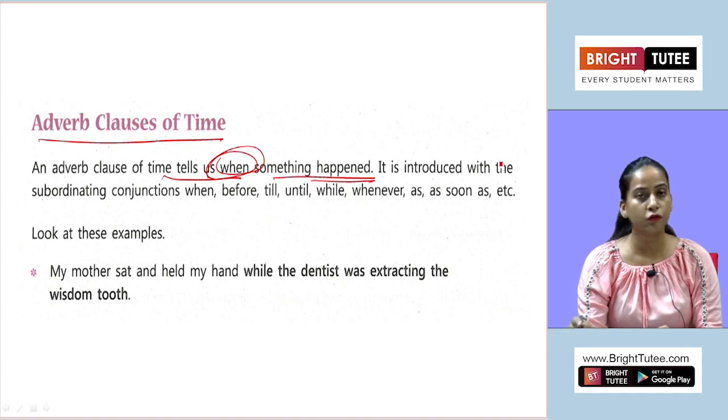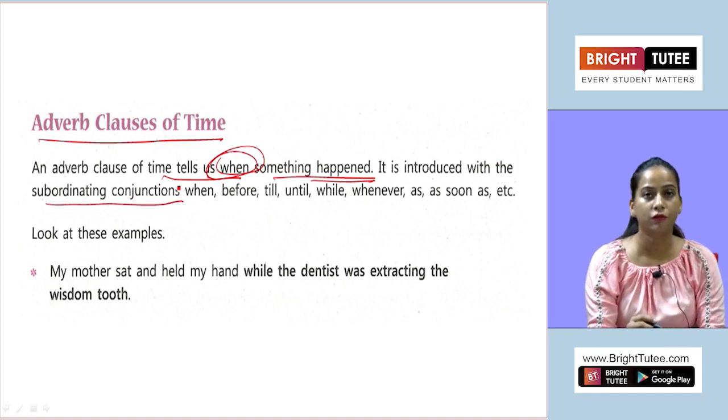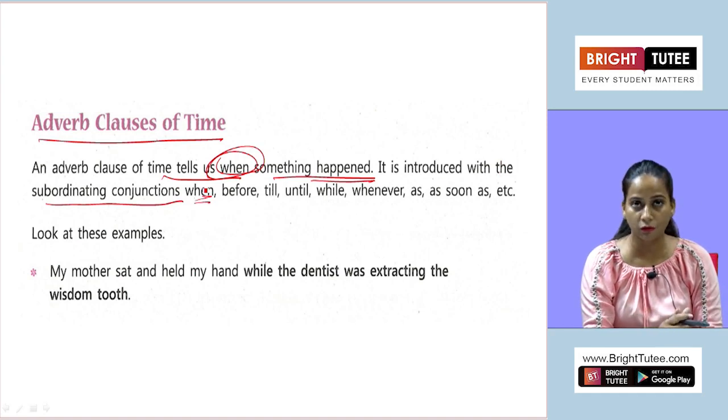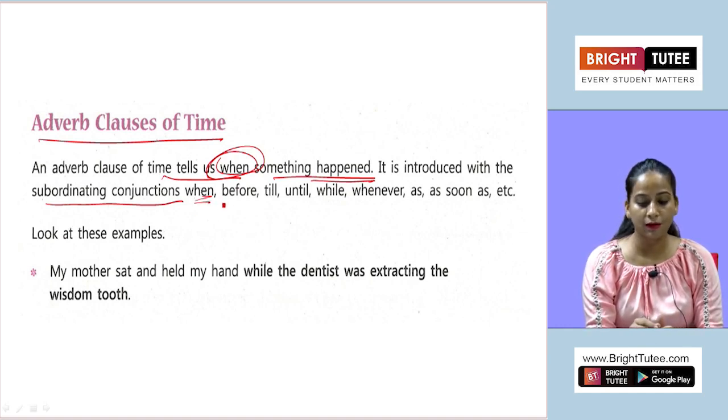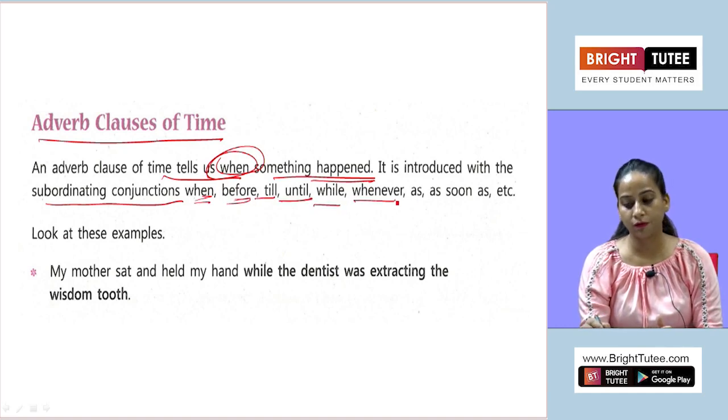It is introduced with subordinating conjunctions. Different conjunctions we are using here, as we have used in the previous one also: as, because, that, since. Here also we are using when, before, till, until, while, whenever, as soon as, etc.